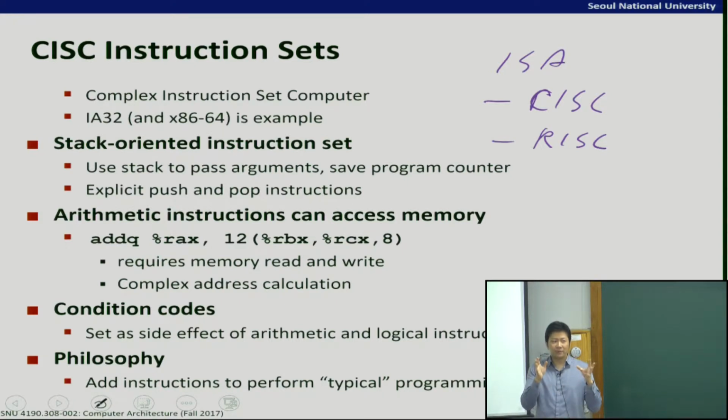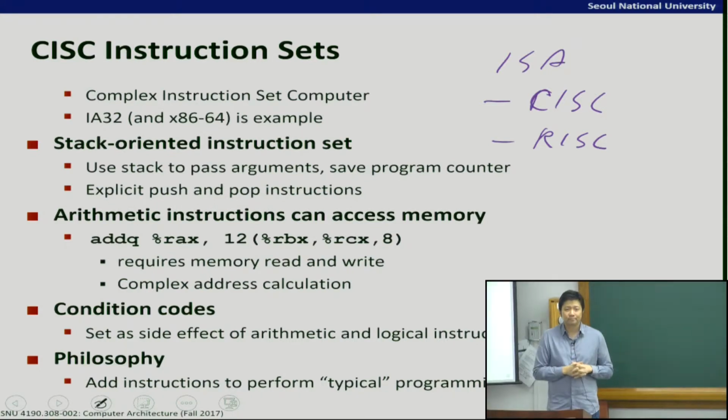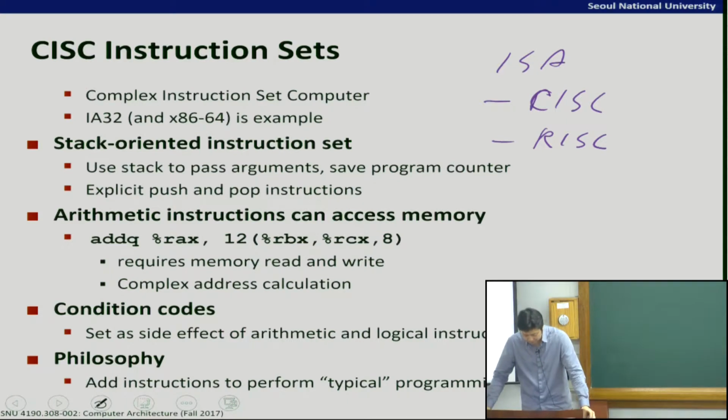So you have a relatively smaller number of registers, because you spend more silicon hardware on decoding and supporting complex instructions. As a result, you only have a relatively lower number of registers. This is the reason why it's a stack-oriented instruction set, because you put more data into the stack than registers. Okay, so that's basically the characteristics of CISC architecture.